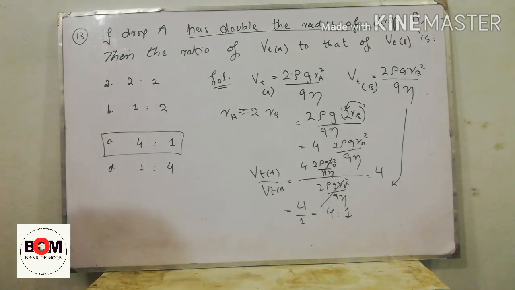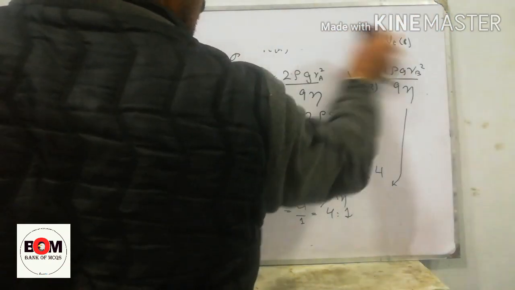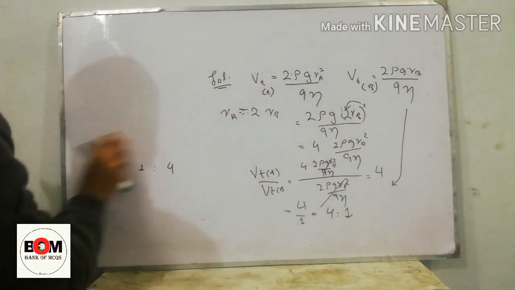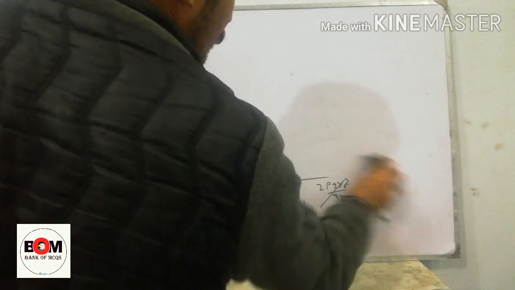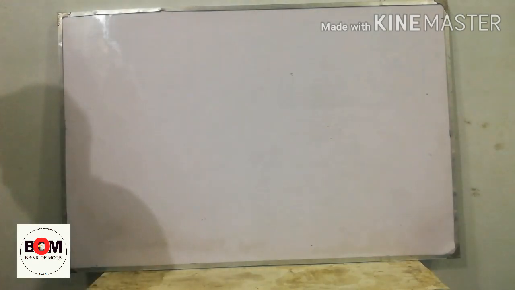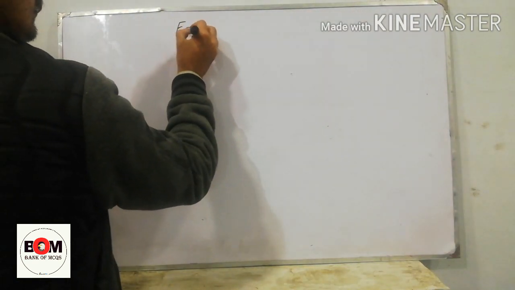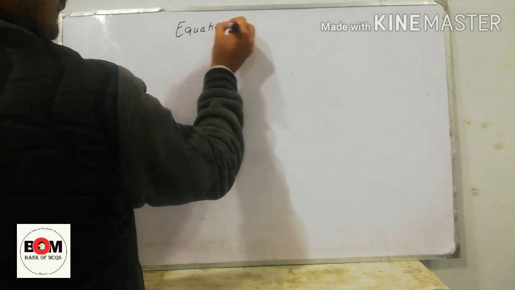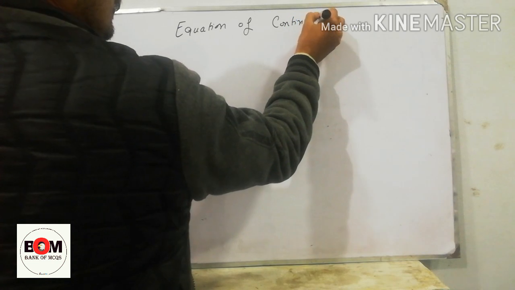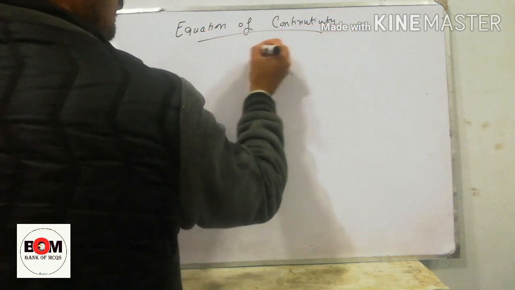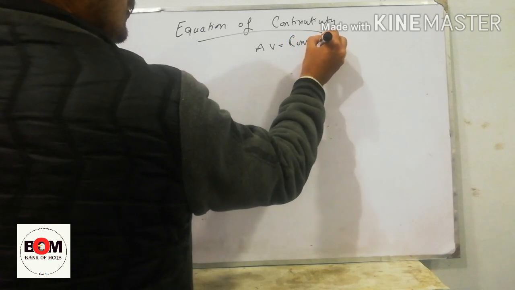The next topic with us is the equation of continuity. Keep in mind that the equation of continuity is based on the law of conservation of mass. It means that mass is neither created nor destroyed. The equation of continuity says that the product of A and V remains constant.